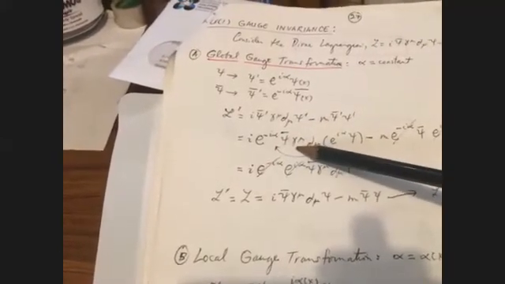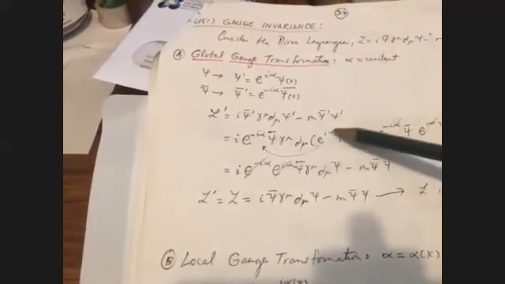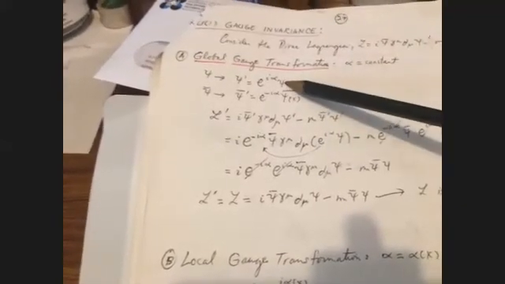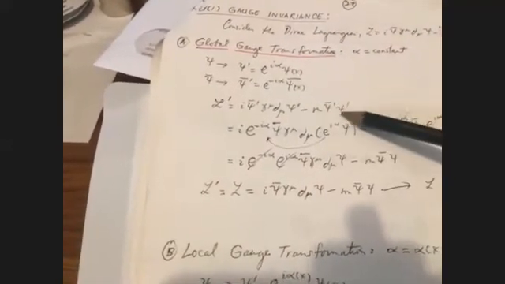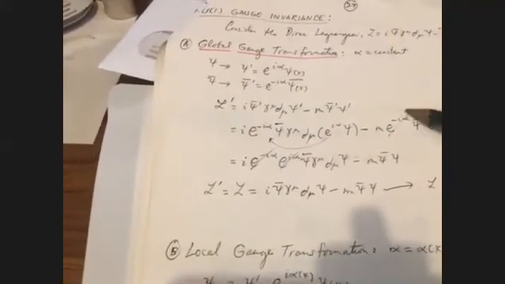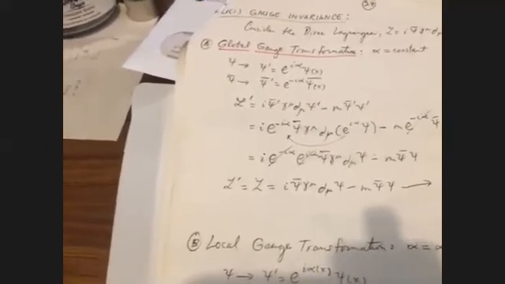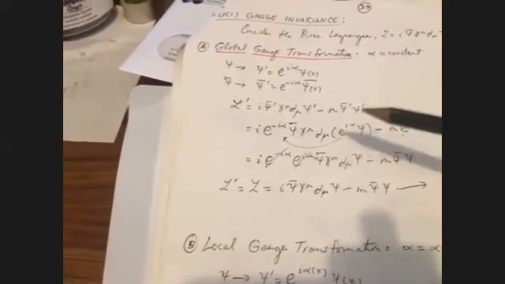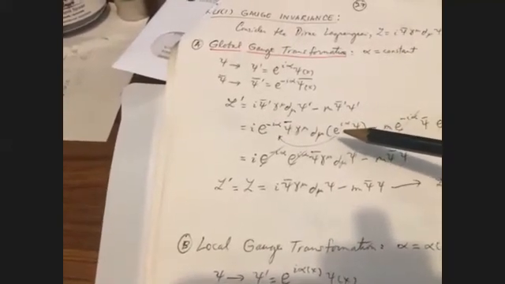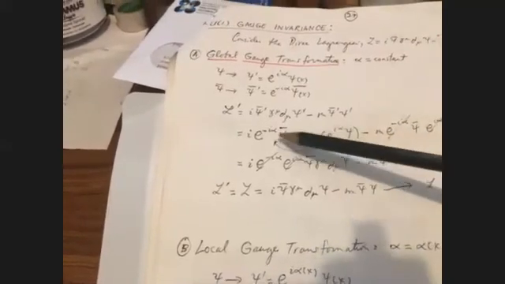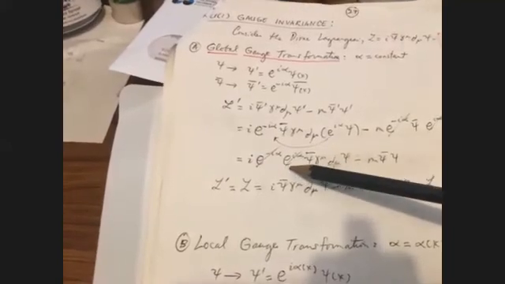You have gamma mu partial mu, and the psi prime is just e to the i alpha psi, as you can see here, and minus m psi bar prime psi prime. Clearly you see that the exponentials would cancel out. And since alpha is constant, it would slip through. You can take it out of the derivative.